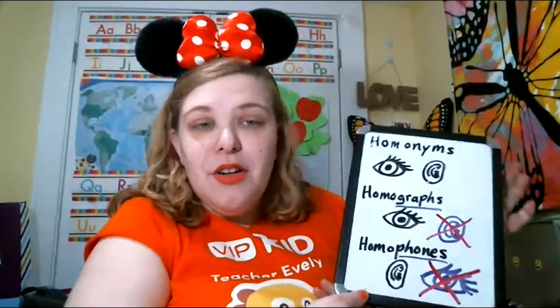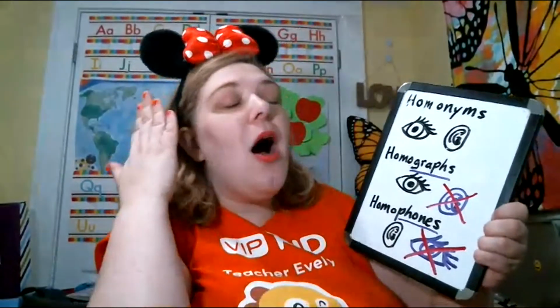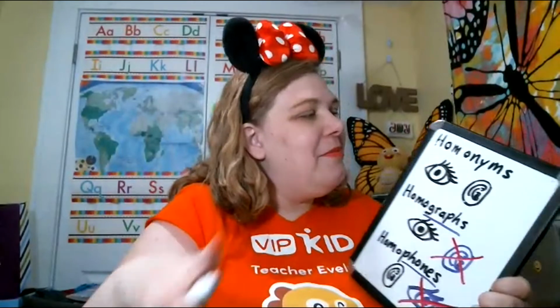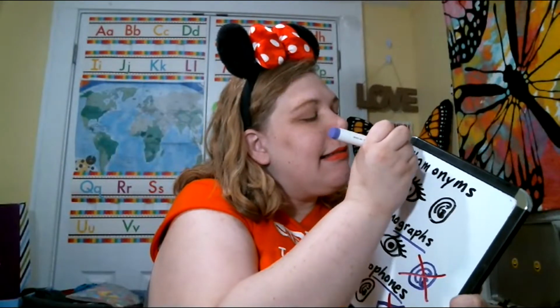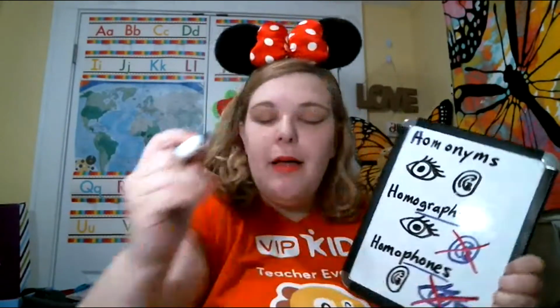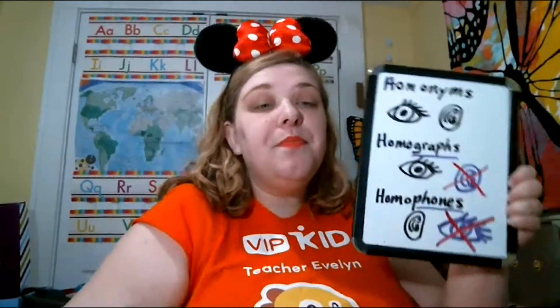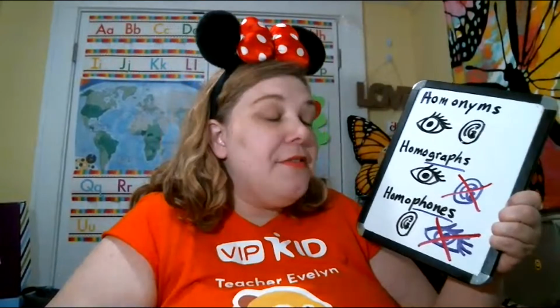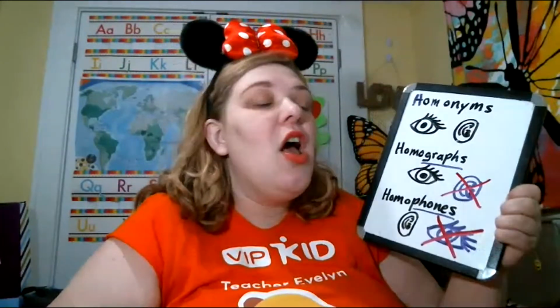So anyway, once again, to reiterate, I'm a visual learner, so I like this chart I made. Homonyms. Sorry, I messed this letter up. Let's fix it. My bad. Okay, homonyms look and sound the same. Homographs look the same, sound different.